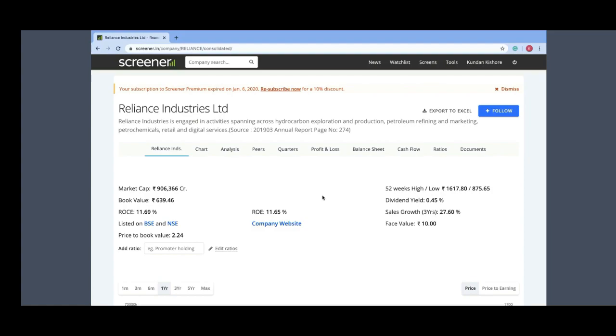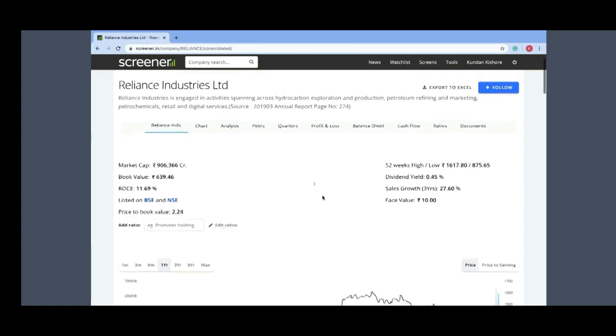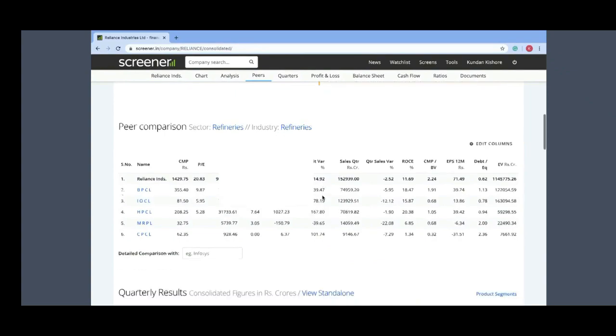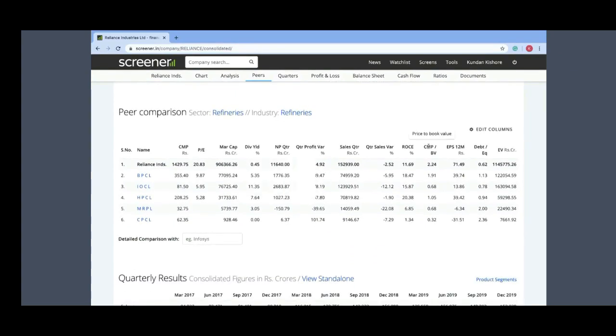Similarly, as I explained you about EPS or PE, that independently you cannot say that only low PE stocks will be good stocks, right? So what you can see here is independently, if you really want to make some use of price to book value, what you can do is look at it within the peers. So within the peers, you will see that Reliance is demanding the highest premium on its share. Why?